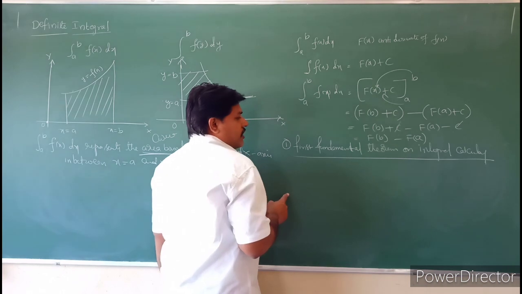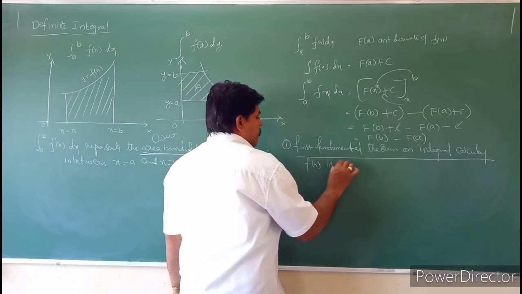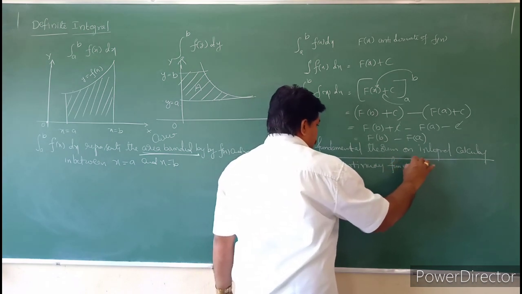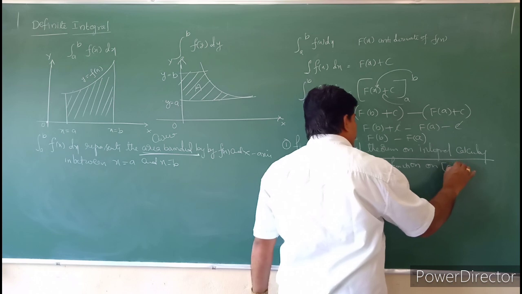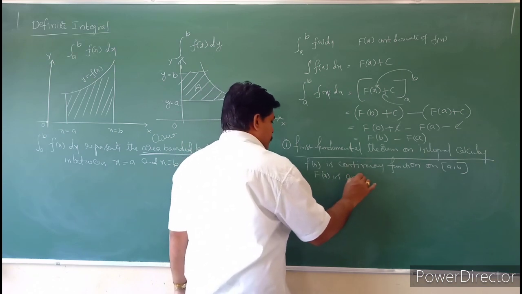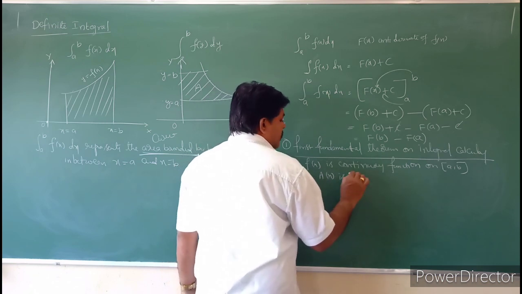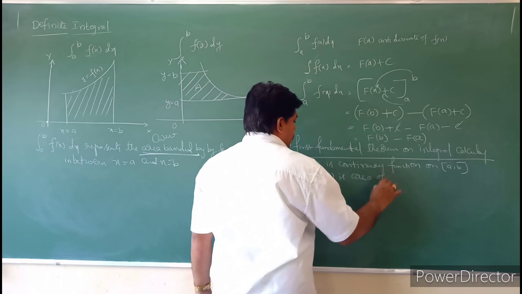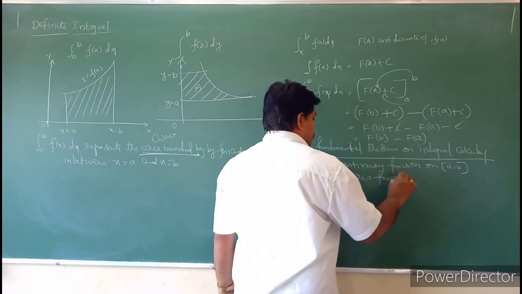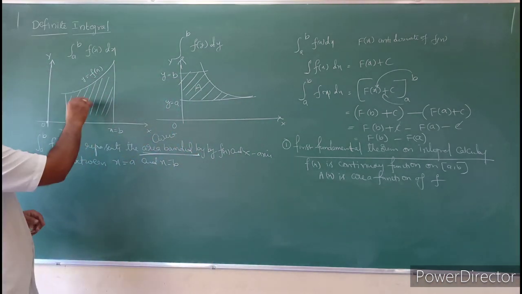The first fundamental theorem on integral calculus is: if f of x is a continuous function on the closed interval [a, b] and capital F of x is the area function of f, so what is A? A is nothing but the area of this function.